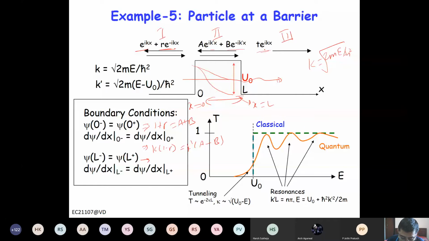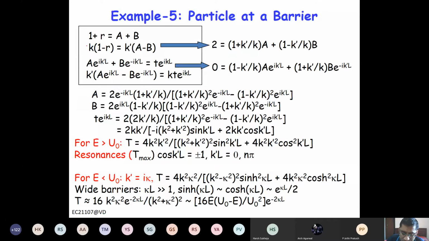So first let's look at the equations. This is the boundary condition at x equal to 0. This is the boundary condition at x equal to L. This is by equating the wave function. This is by equating the derivative of the wave function. So it gets multiplied by K here and K prime here, and because it's minus iota KL, there's a minus sign here.